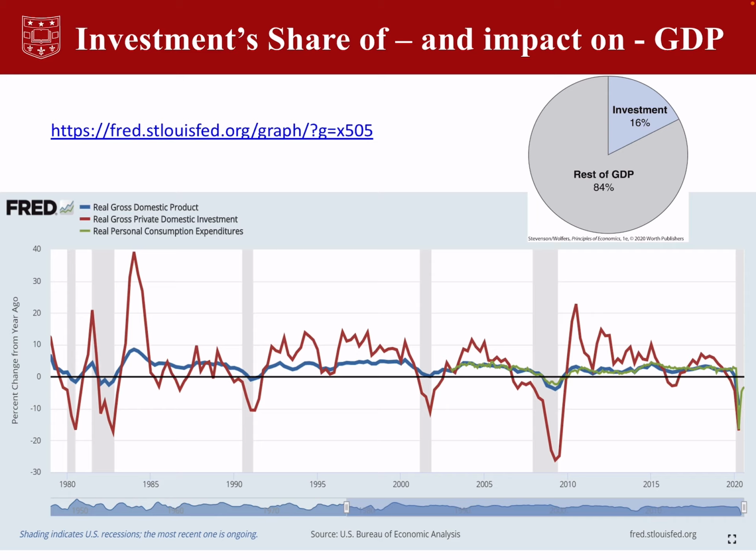But you can see the green and the blue lines track each other very closely. So while consumption is a huge part of gross domestic product and certainly important in that respect, a lot of the volatility that we see in gross domestic product is induced by, or certainly correlated with, the volatility that we see in investment.